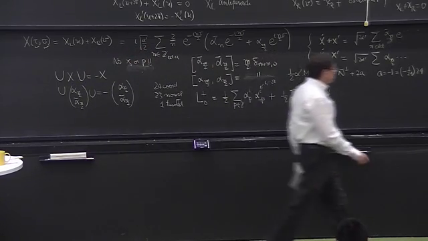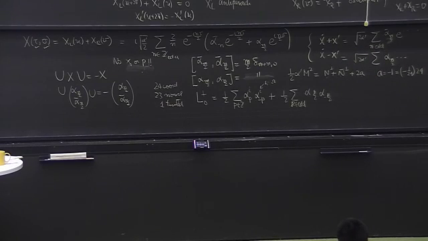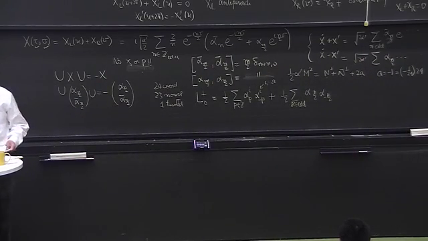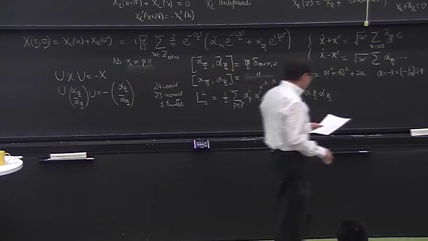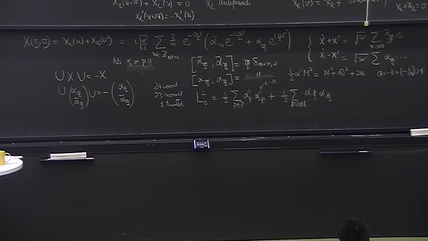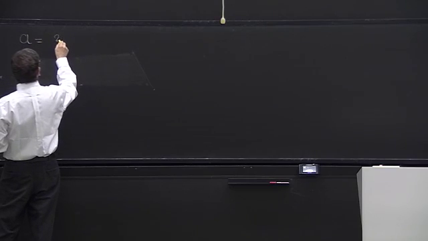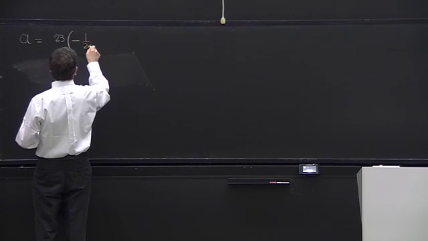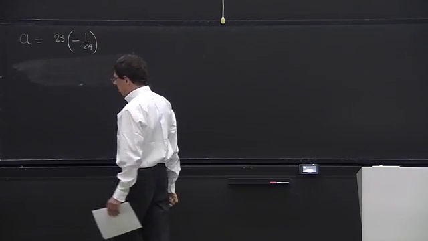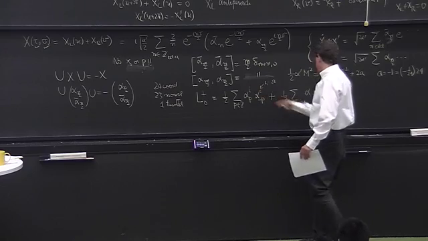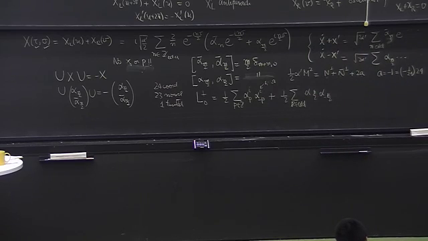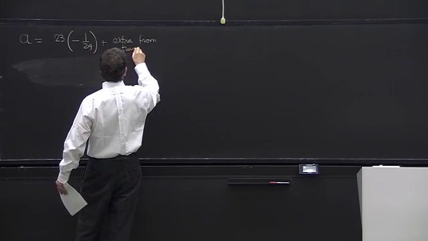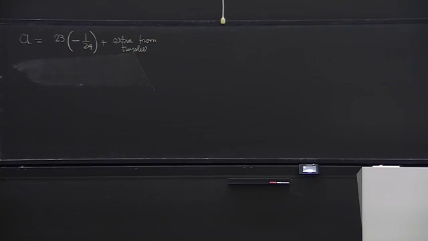So the total constant a that we're going to get is going to be 23 of those that you have, minus 1/24 for 23 coordinates here, as you reorder, plus the extra from the twisted one. Twisted, because we also have to reorder these guys.